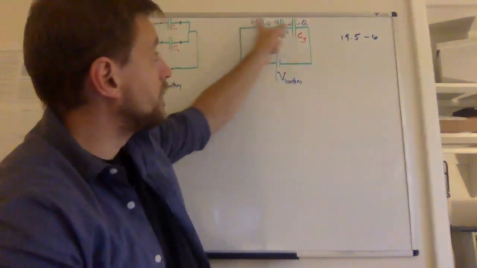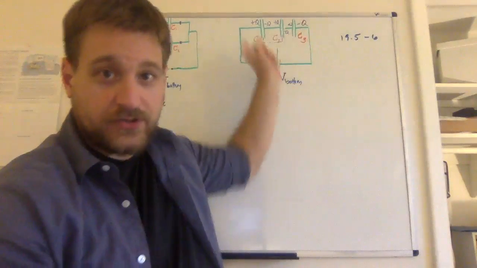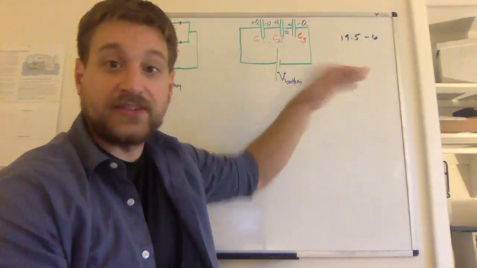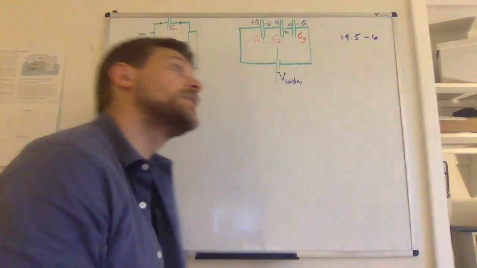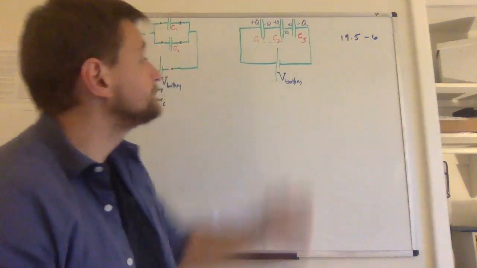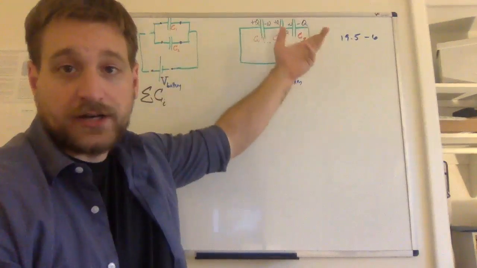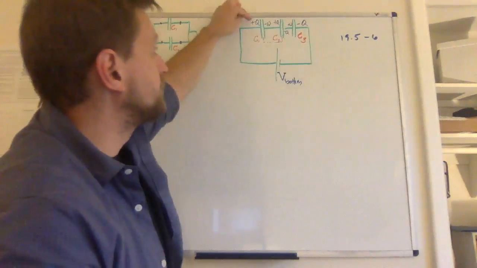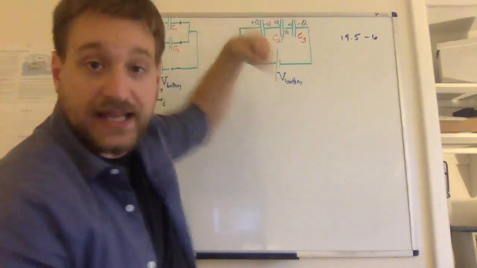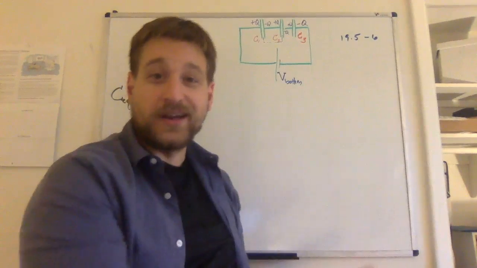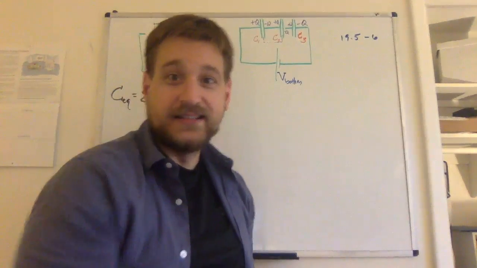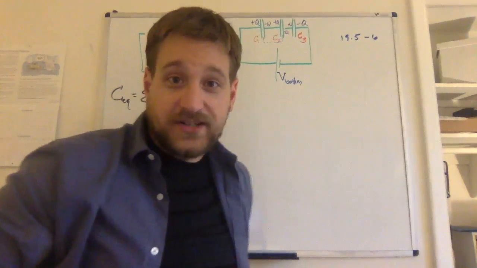Here, whatever current we're drawing, it's got to be the same all the way through because this is a series arrangement. But if we're moving current, we're moving charge. And that means the charge that we move has to be the same in all the parts of the circuit. Otherwise, we're breaking conservation of charge again.